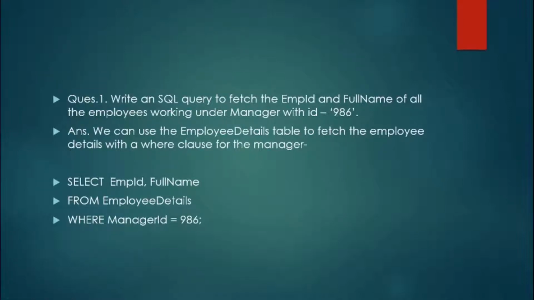We are using the employee details table, and in this table you mention the condition where manager ID equals 986. If you mention manager ID equal to 986, all the employees with their employee ID and full name will appear in the query results.